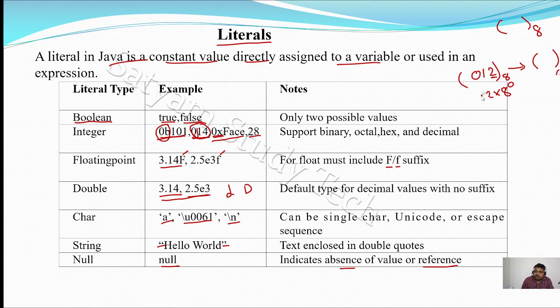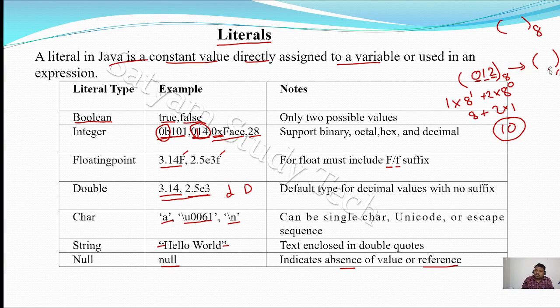Plus, the next value is 1, so 1 into 8 power 1. 8 power 0 means 1, so 2 into 1, plus 8 power 1 is 8, 1 into 8 is 8. So 2 into 1 plus 8, that is 2 plus 8, and the value is 10. So this is the value.